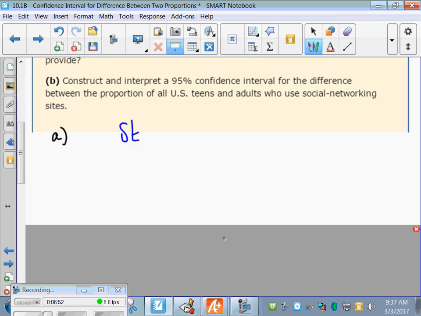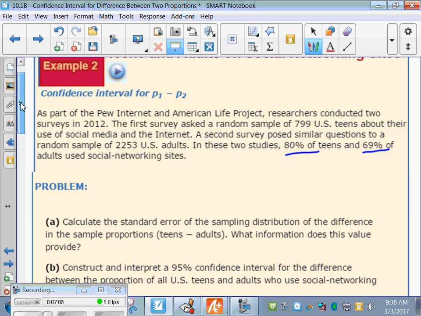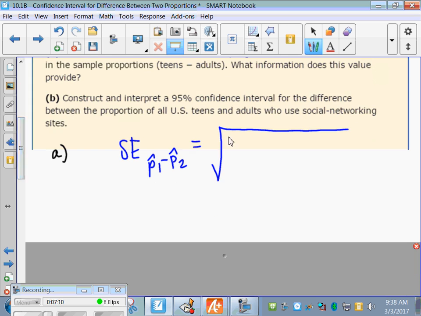So the standard error of P1 hat and P2 hat. All right, so we had our teens that are at 80% usage. So we're going to plug in 80%, and the other one would be 20%. So those are our p-hats.